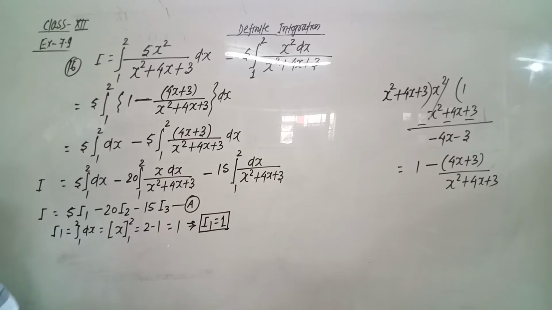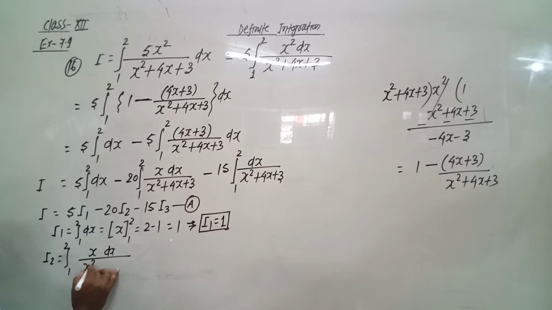Then we calculate I2. So I2 is integration limit 1 to 2, x dx upon x square plus 4x plus 3. Now the differentiation of the denominator term: differentiation of x square is 2x.